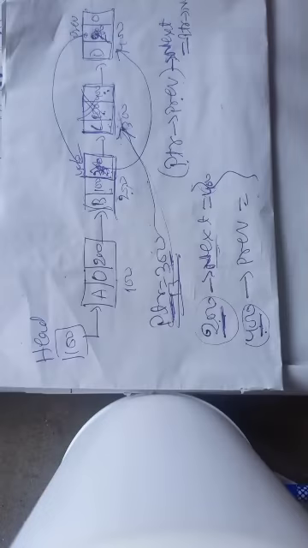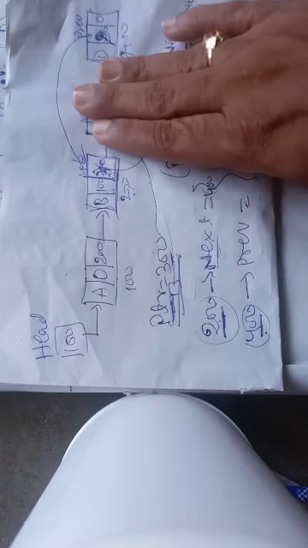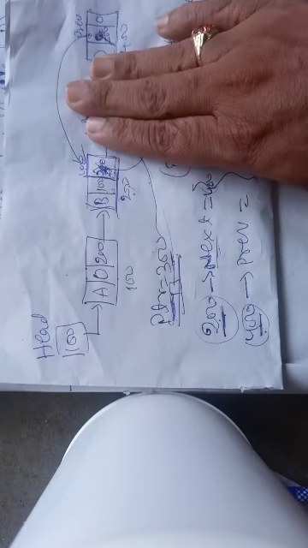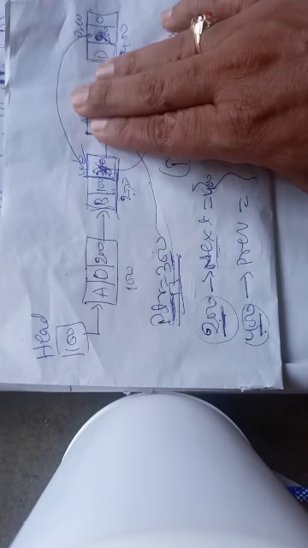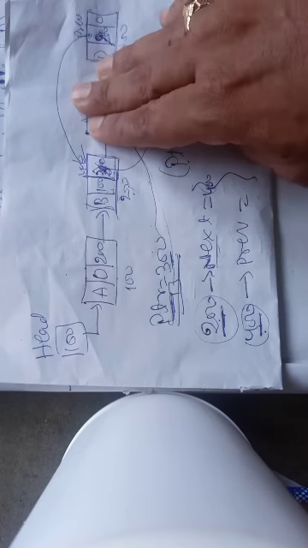Now I need to perform changes in two address fields, so that I can remove this particular node from the link. For this purpose I need to modify two fields. First, I need to modify the next field of previous of ptr.